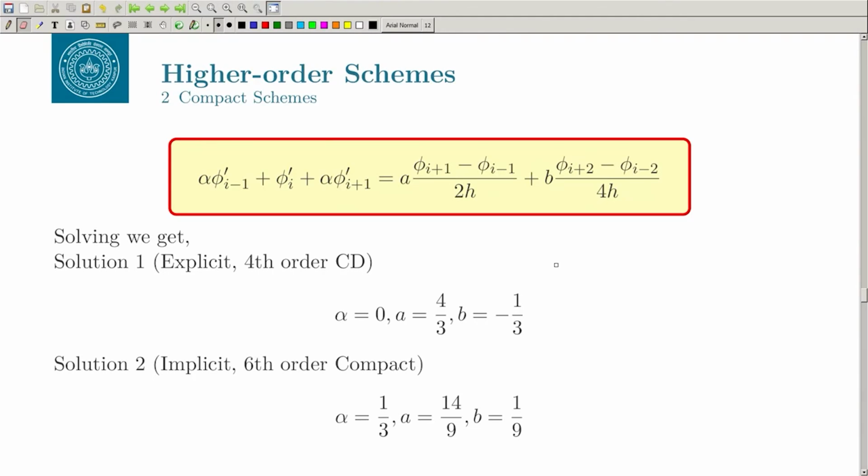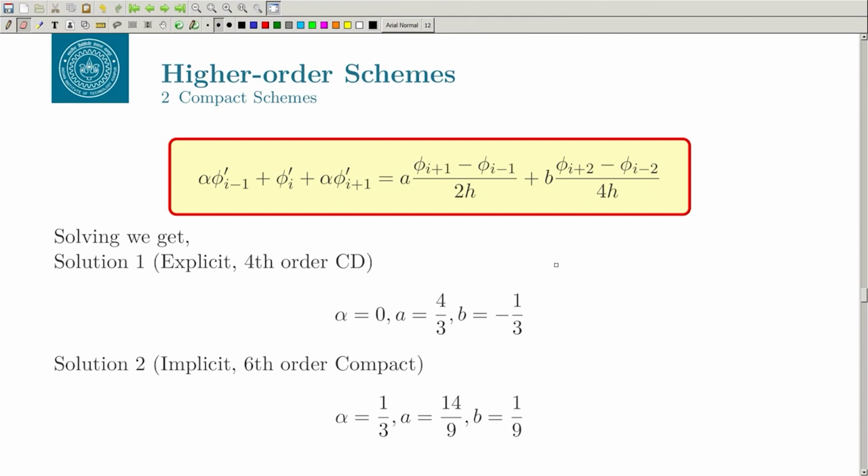For example, for the compact 4 scheme, which is the 3-point stencil system, we compared the first derivative and the third derivative on the left hand side and right hand side, and we got the values of alpha and A. So, we can increase the stencil size, compare more higher order derivatives and get more accurate schemes. Today we are going to look at the compact 6 scheme, the 6th order compact scheme.